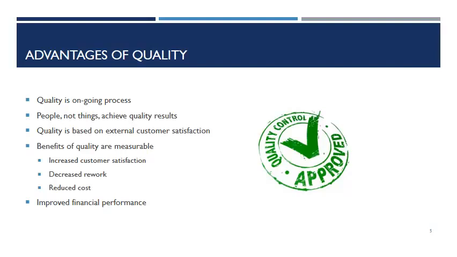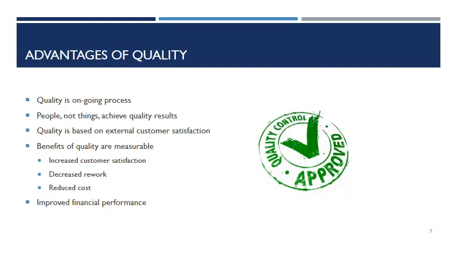The advantages of quality. During this course, we've learned a lot about quality, the reasons why total quality management has become important to American manufacturers, what defines quality to a customer, and how to determine whether a process is delivering a consistent quality outcome. Some of the important concepts of quality control include the following. Quality is an ongoing process.